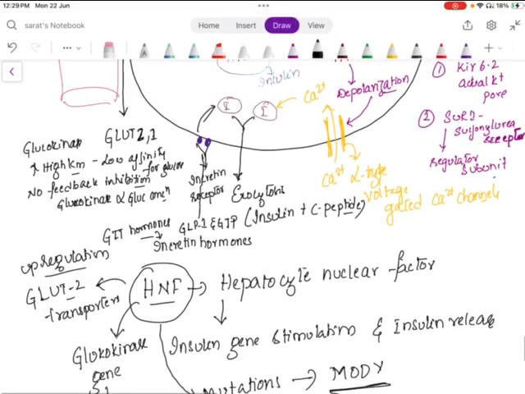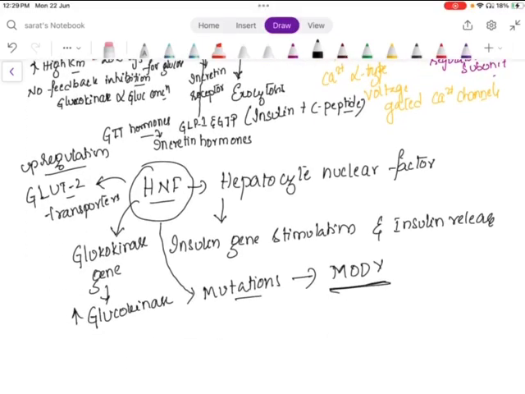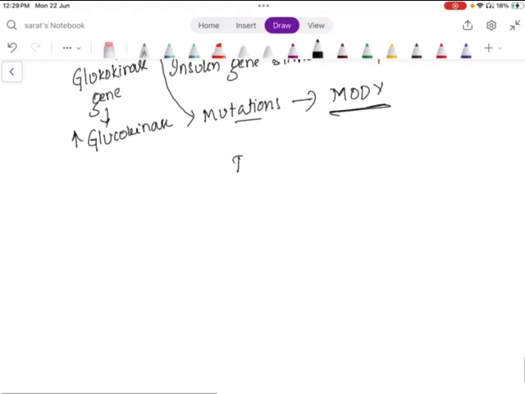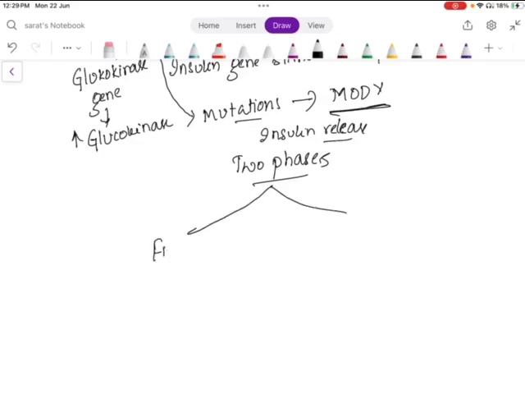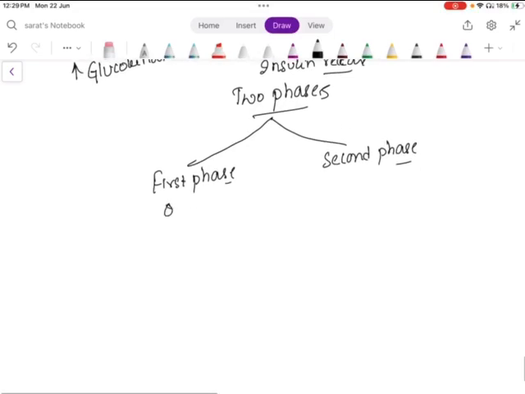This is how insulin will be released, and this insulin release is in two phases. First phase, second phase. The first phase is between 0 to 10 minutes, and the second phase is from 10 minutes to 60 minutes.